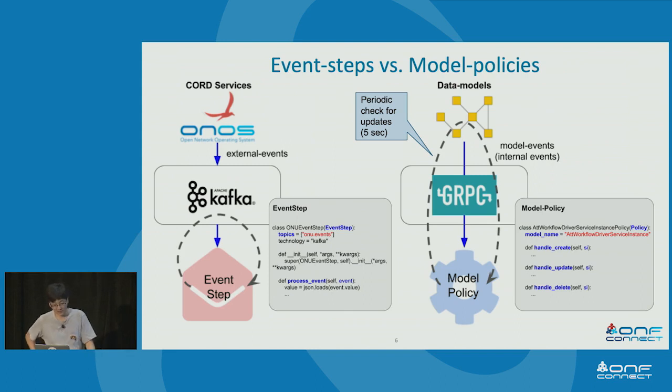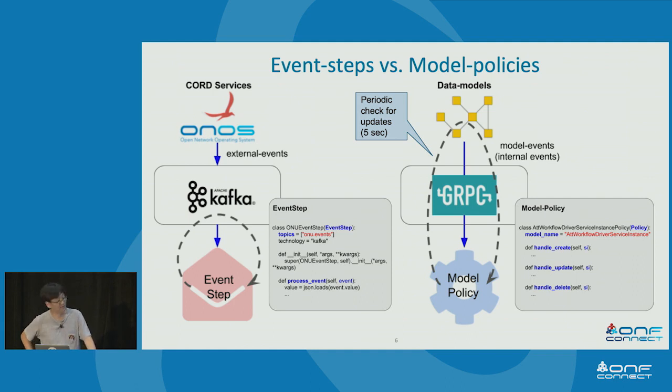In the XOS synchronizer, events are handled differently according to their types. External events are handled by event steps, whereas model events are handled by model policies.